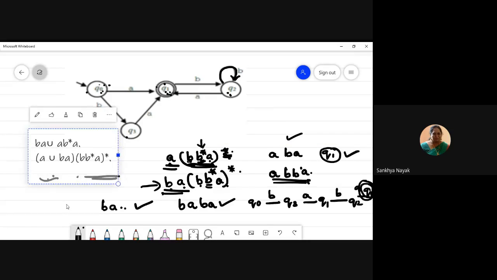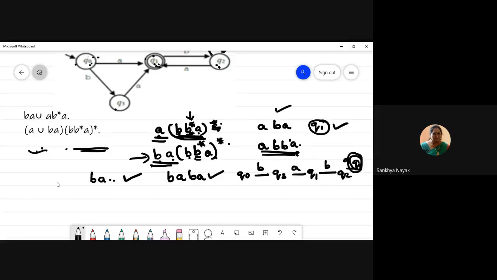What more? Multiple occurrences of this, right? So if you see this, BA, B followed by any number of B's, and then A, correct? So will it be accepted? So you can see B comes to Q3, right?